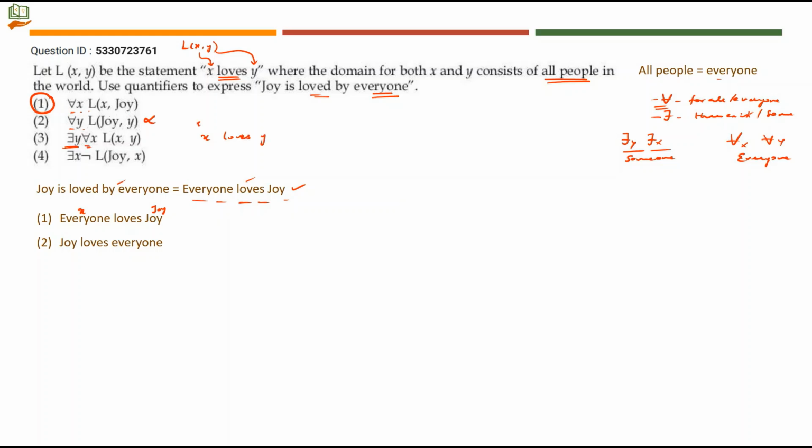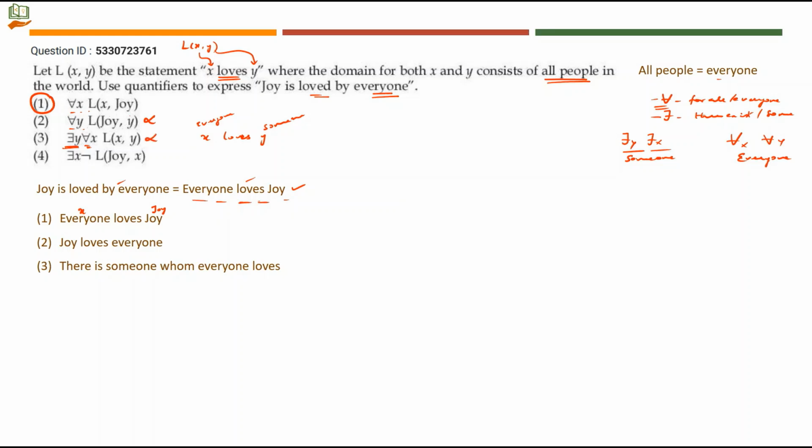So here it is everyone, and y is given in the form of the existential quantifier, so y is taken to be someone. So how will we translate the statement? There is someone whom everyone loves, or we can bluntly translate as everyone loves someone. Anyhow you can take it, and that is not equating to the question statement. So 3 is also ruled out.